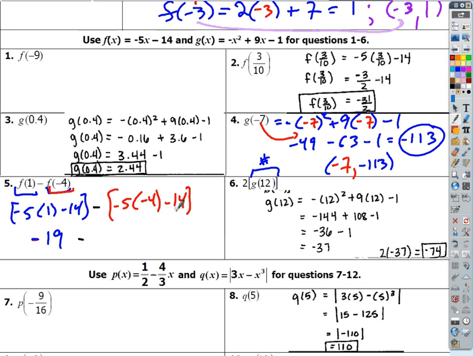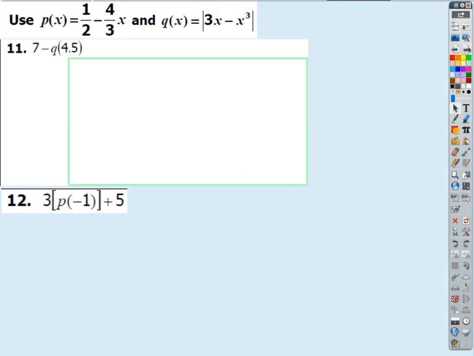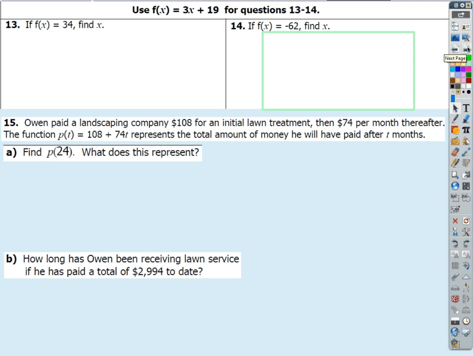Positive 20 minus 14 is 6. So negative 19 minus 6 is my total answer, which is negative 25, right?